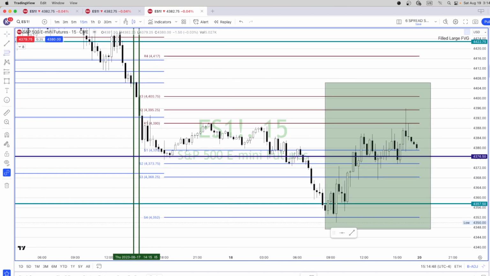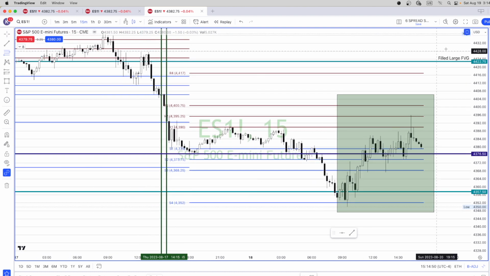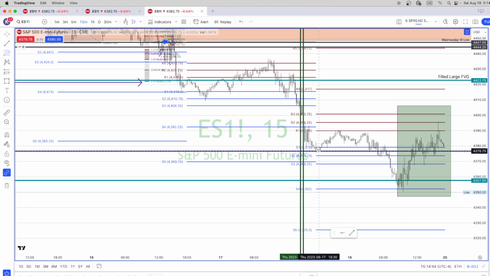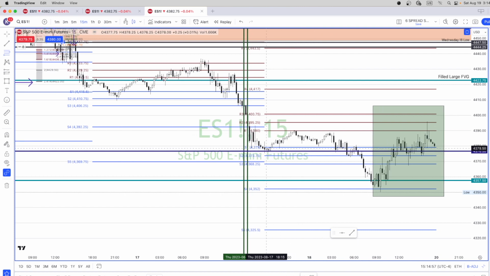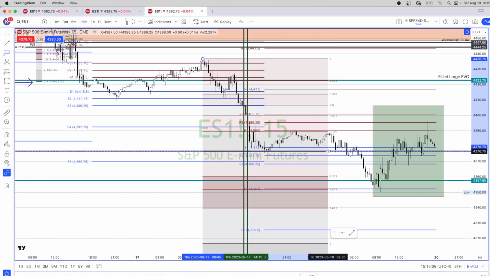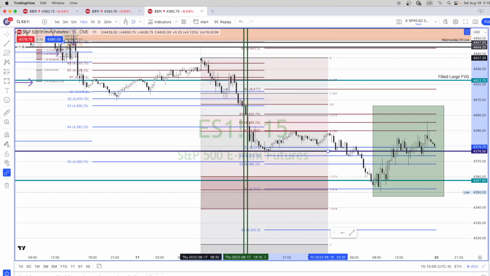But if we look at using a fib extension on this prior range, I'm going to pull back all the way to this Thursday overnight low and this Thursday morning high. I'm going to put this as the new fib expansion or extension. So it's roughly there.